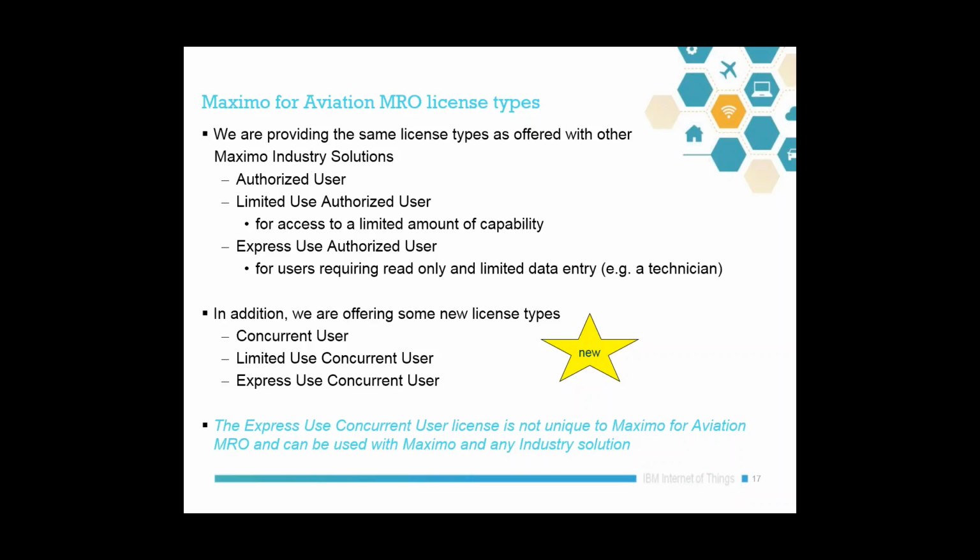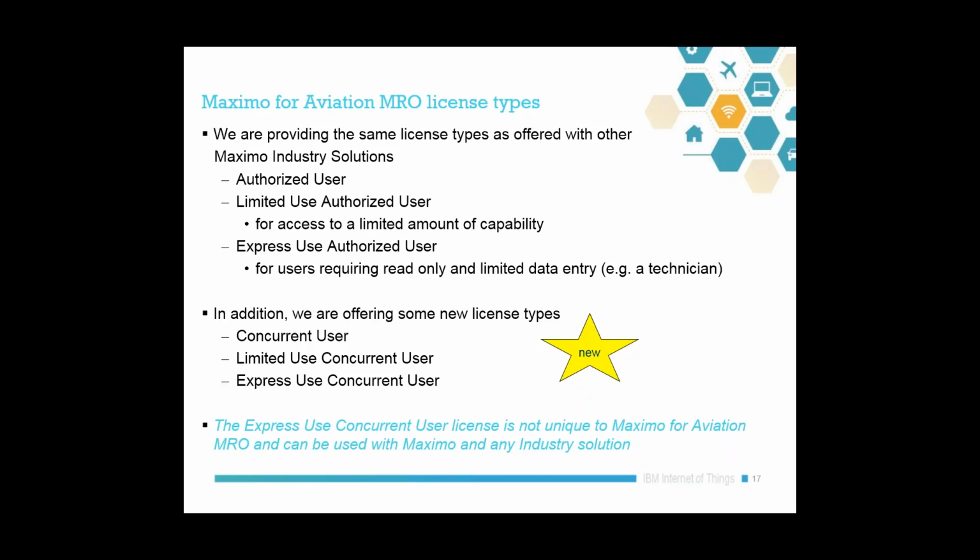Currently, the concurrent user and limited use concurrent user is only for the Maximo for Aviation MRO offering. We'll see how this gets taken up in the market and decide in the future if we extend that to other industry solutions. An interesting point is the express use concurrent user license is available because that goes with the base Maximo capability that can be used with other solutions.